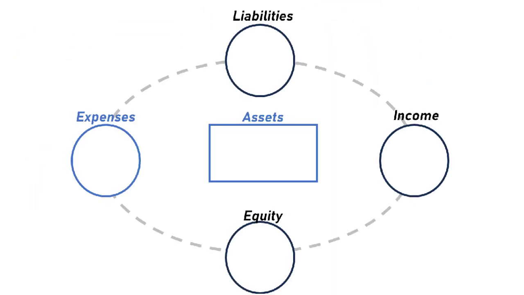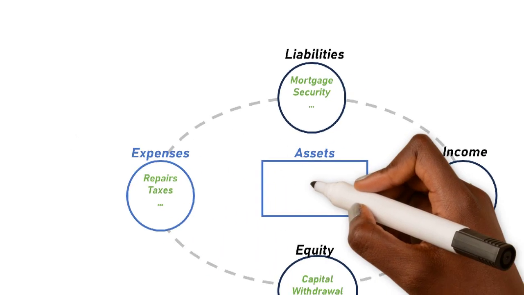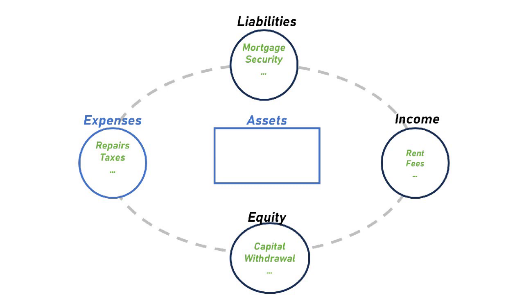In the last video, we talked about all the main categories or accounting buckets that you would need to hold your business transactions. These are the assets, income, liabilities, expenses, and the owner's equity. We also covered some of the main subcategories for each of these major categories that would hold the details of each business transaction.